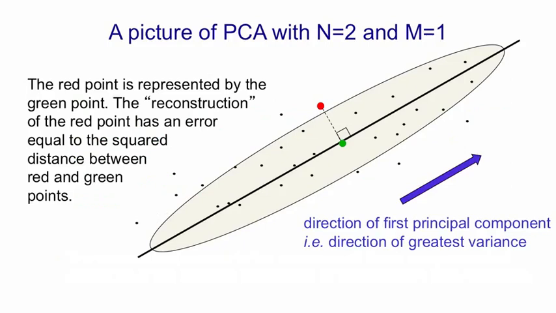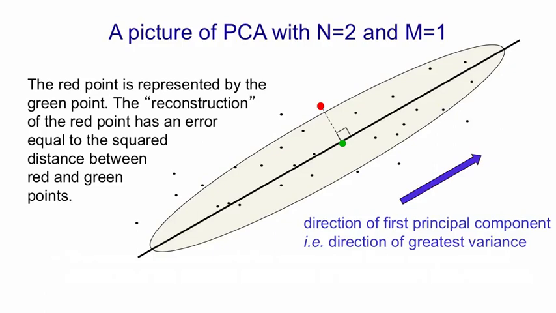So consider two-dimensional data that's distributed according to an elongated Gaussian like this. The ellipse is meant to show a kind of one standard deviation contour of the Gaussian. And consider a data point like that red one. If we used principal components analysis with a single component, that component would be the direction in the data that had the greatest variance.